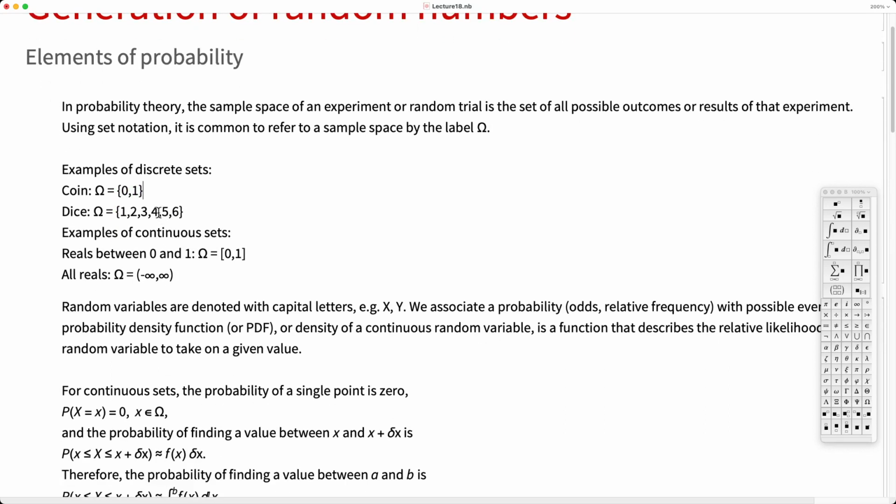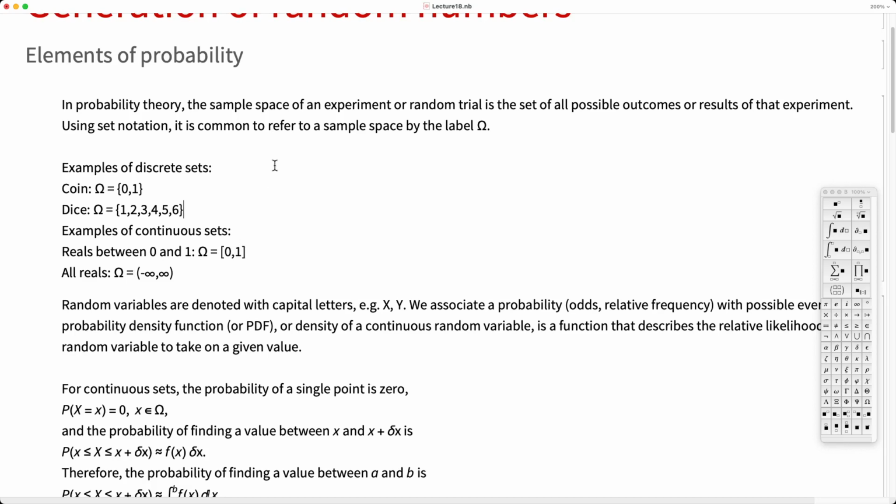If we have a dice with 6 faces, the sample space is this set of numbers 1 to 6. You can also have continuous sets. For example, all the real numbers from 0 to 1, or all the real numbers from minus infinity to infinity.